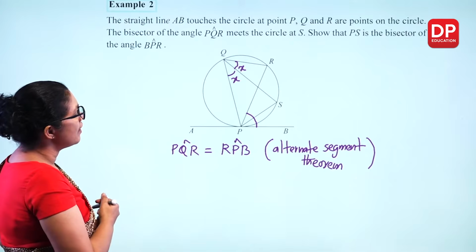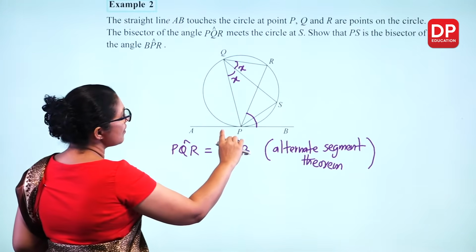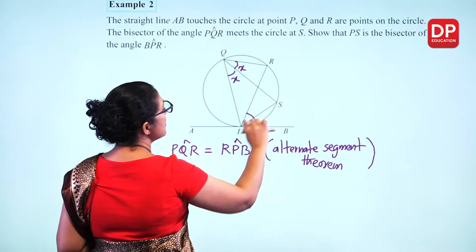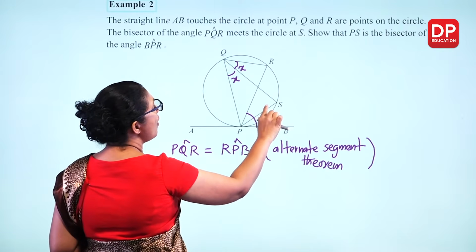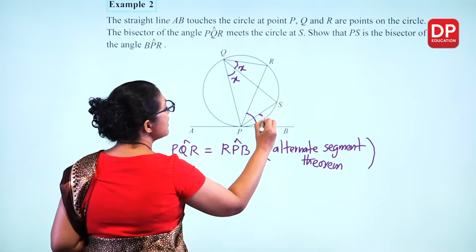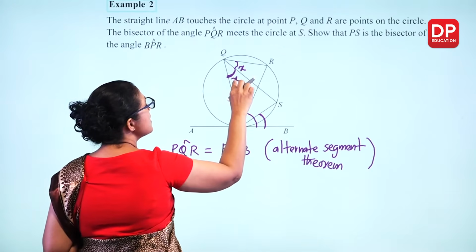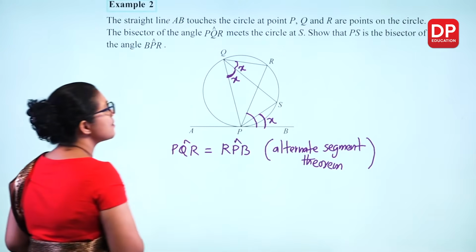And what can we say about this angle? Now take PS chord. So this angle and this angle both are equal. So if this is x, this is x.